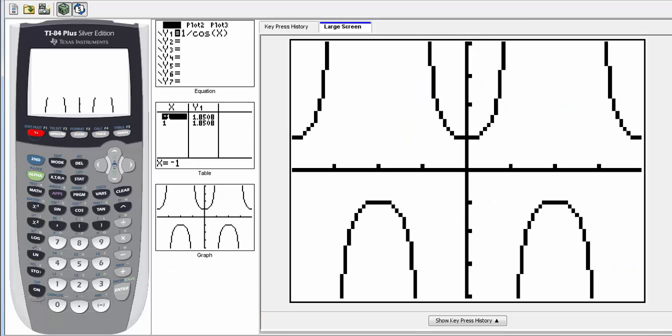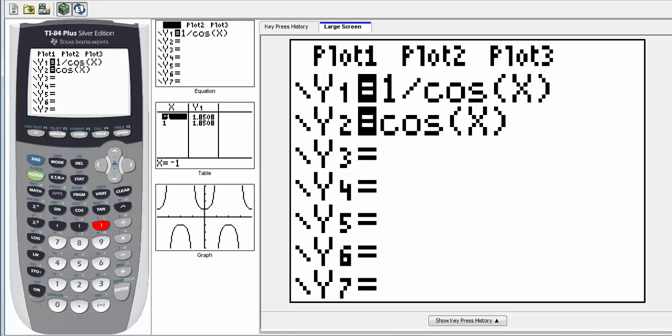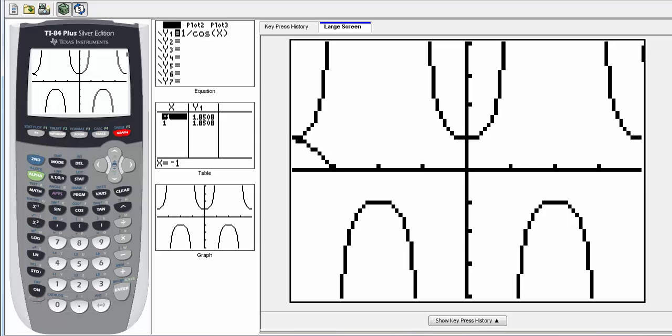And you will notice if we go back to the calculator, and if I go down here and look at simply the graph of our cosine function, you're going to see kind of the similar thing happen with our sine function we had before. Notice how the peaks and valleys will come down and touch the graph.